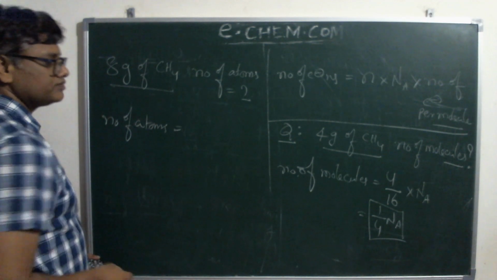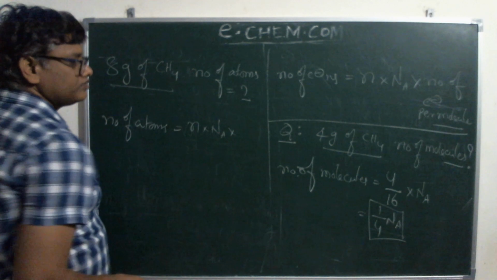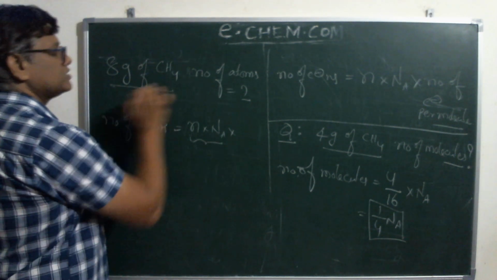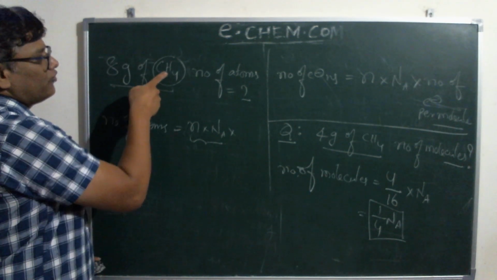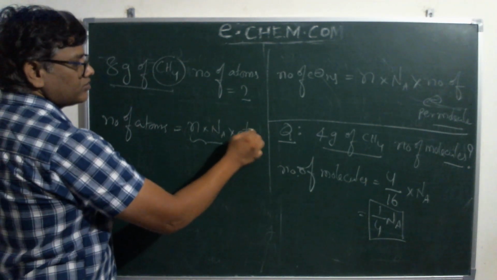That is equal to the number of moles into Avogadro number, which gives the number of molecules, and then you have to multiply by the atomicity. What is the atomicity of this methane molecule? 4 hydrogens and 1 carbon, so that will be 5. Atomicity.